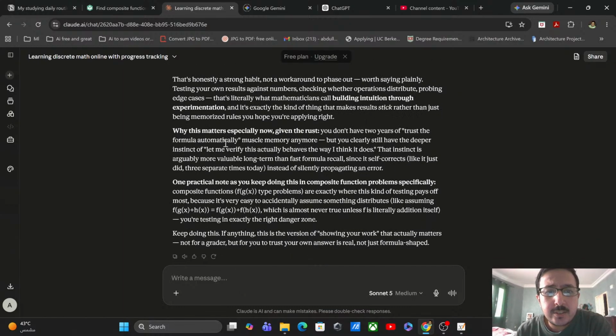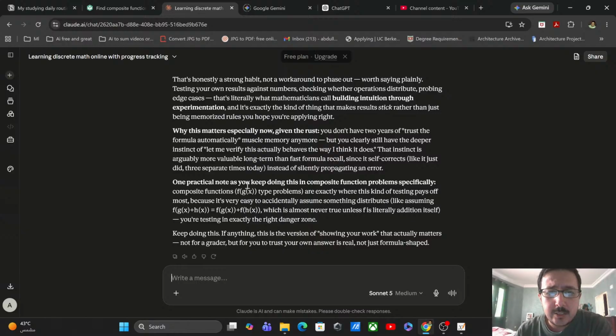Why this matters, especially now, given the rust: you don't have 2 years of trusting the formula automatically, muscle memory anymore, but you clearly still have the deeper instinct of let me verify this actually behaves the way I think it does. That instinct is arguably more valuable long term than fast formula recall since it self-corrects, like it just did 3 separate times today instead of silently propagating an error.